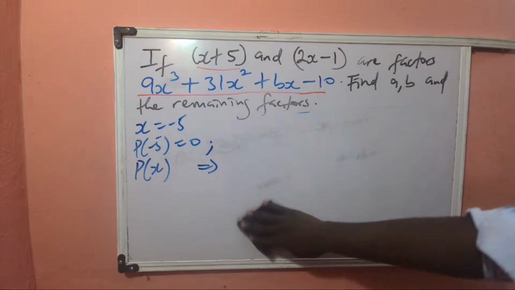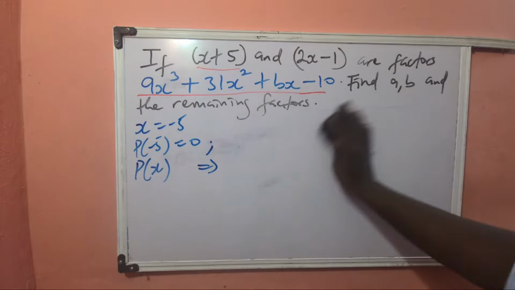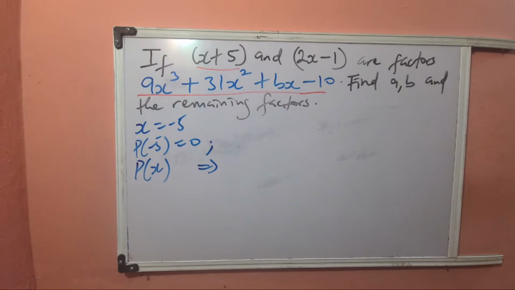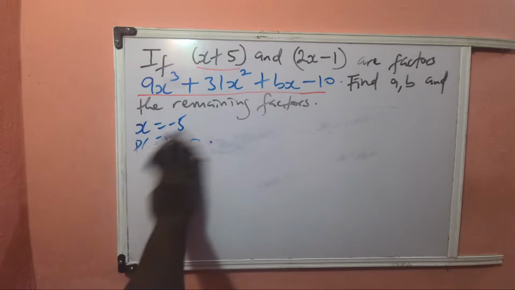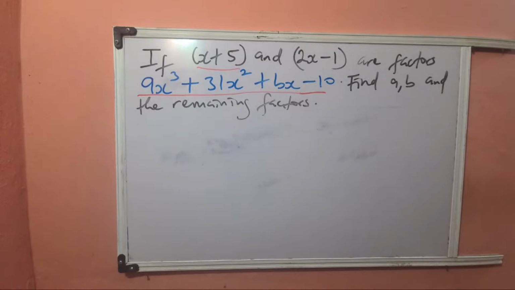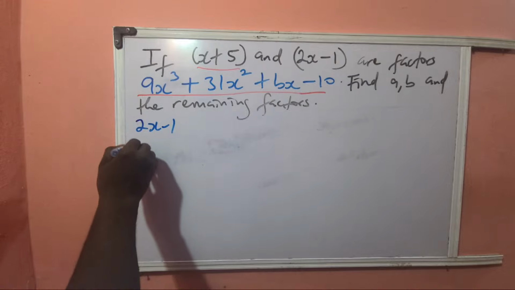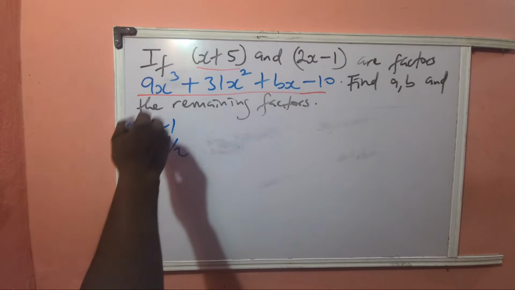All right, now in this case where we had 2x minus 1, what we had was x being equal to 1 over 2, not minus 1 over 2. So in the case where we're dealing with 2x minus 1, our x there was equal to 1 over 2.